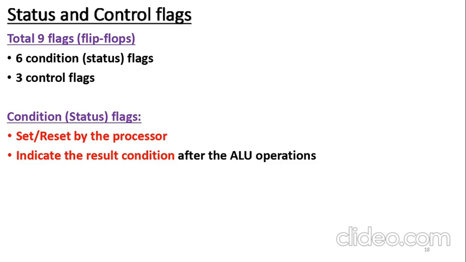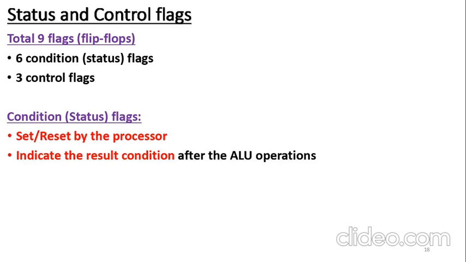Same number, 10 minus 10. In this subtraction, the result generated is 0, which is a unique type of result. So one flag bit called the zero flag bit will be set to logic 1 here. It indicates that whatever arithmetic or logical operation you have just performed has resulted in a 0 value.